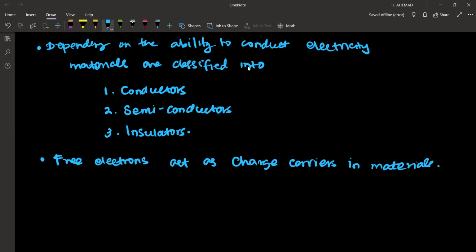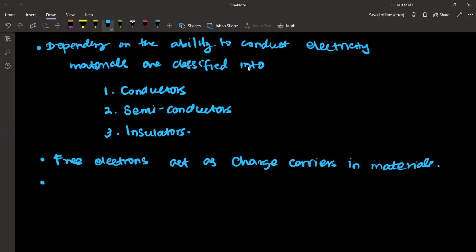Later, when we study electronics, you will study something called holes. Holes also conduct electricity, so they are also charge carriers. For now, we are only talking about free electrons. So free electrons act as charge carriers in materials.